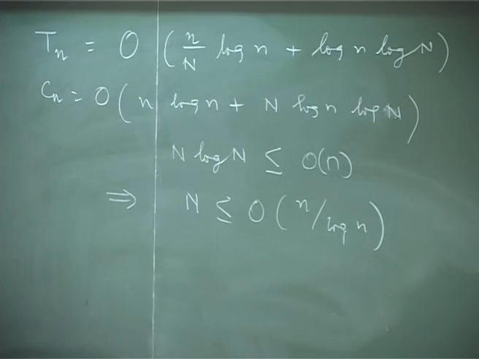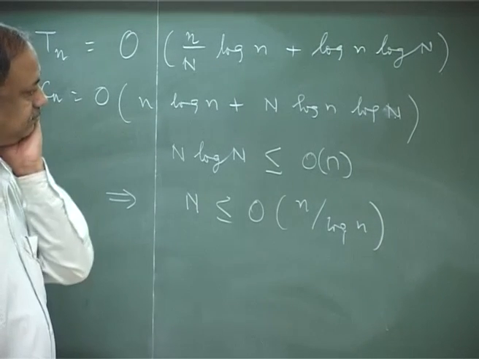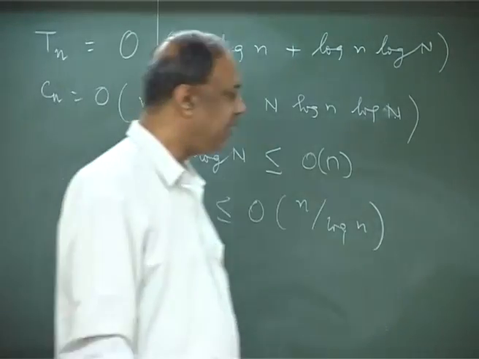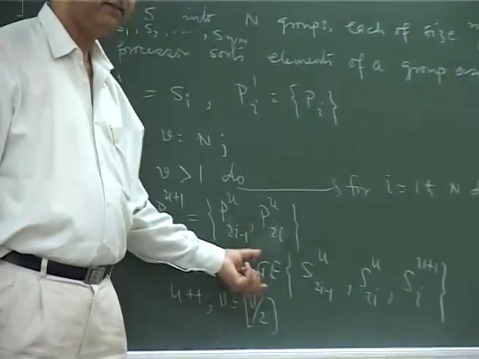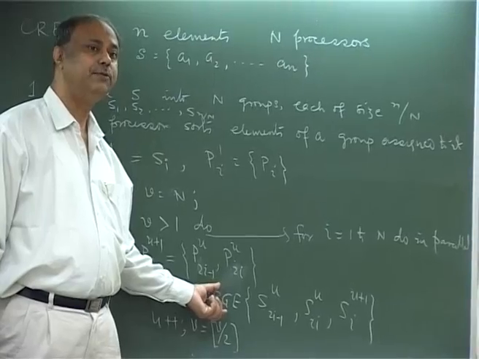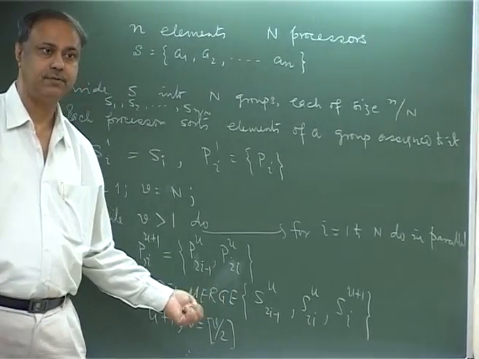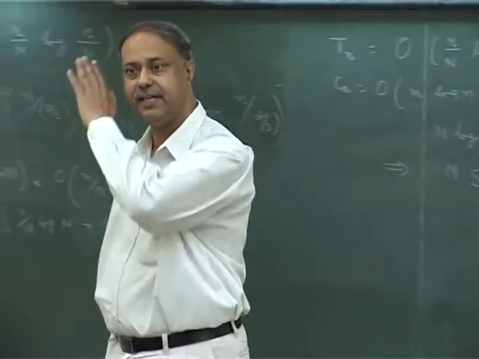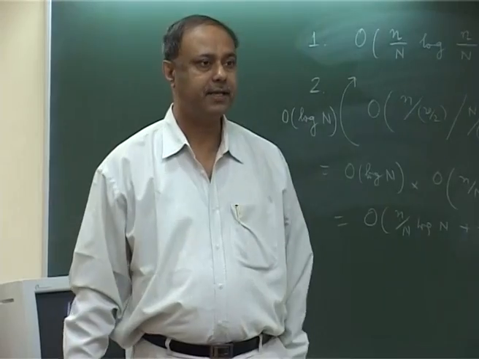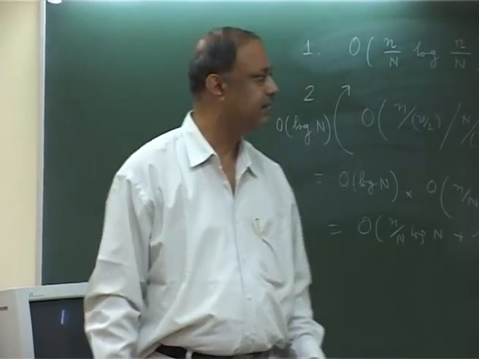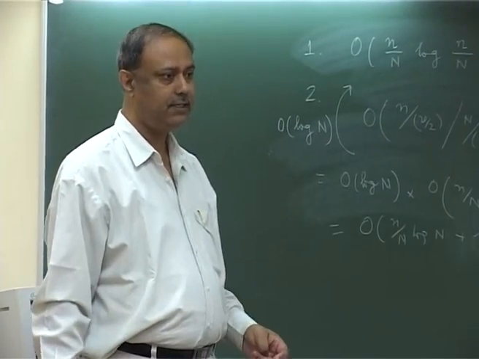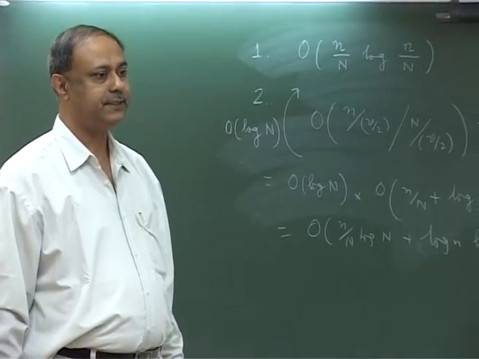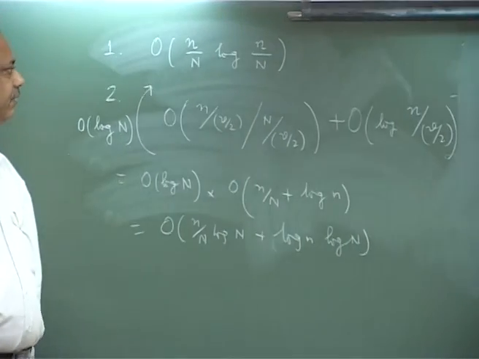Right? Now, what happens if I replace the CREW model by EREW merge algorithms? We discussed the EREW model by median pair elements, if you remember. Right? In that case, what is the time complexity that is coming? Can you find out?